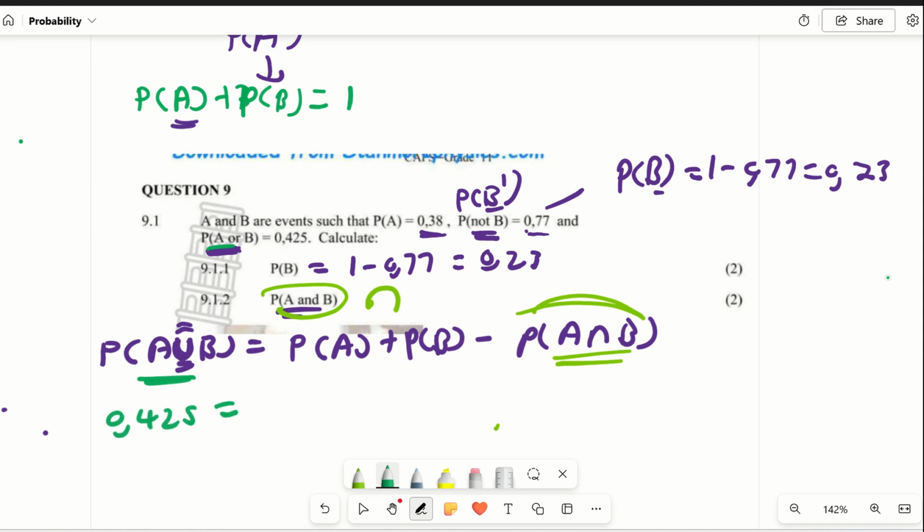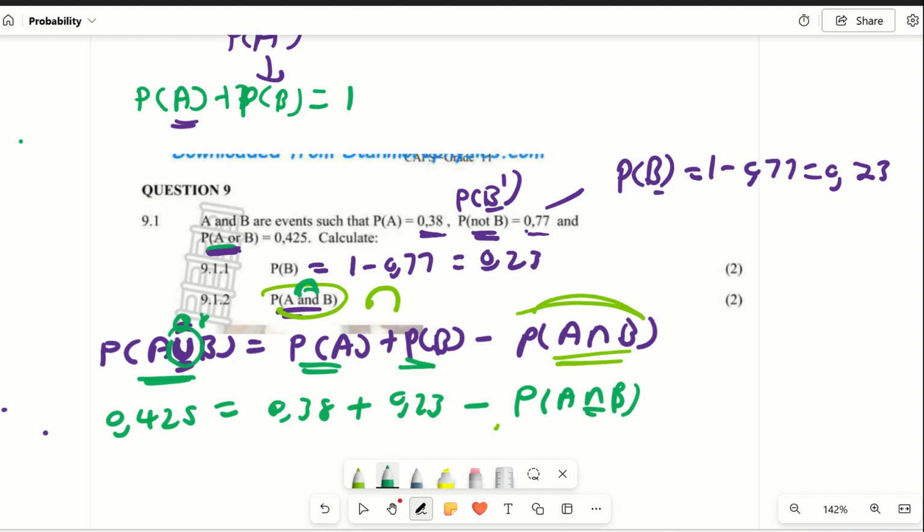What is the probability of A? Proper stuff, plus probability of B, 0.23, minus, this is what you're looking for, probability of A and B. Remember, this thing means and, and this one means or.